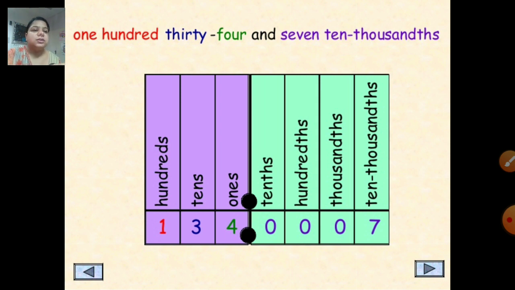We have 7 ten-thousandths. No tenths, no hundredths, no thousandths. So in the places of tenths, hundredths, and thousandths, we have put 0 here, right? And how many are here? There are 7 ten-thousandths. So this will become 134.0007, right?